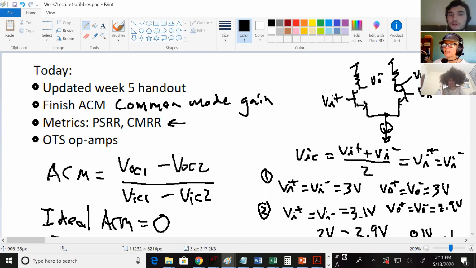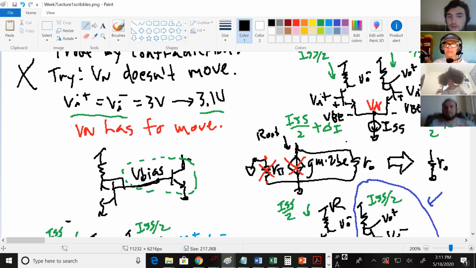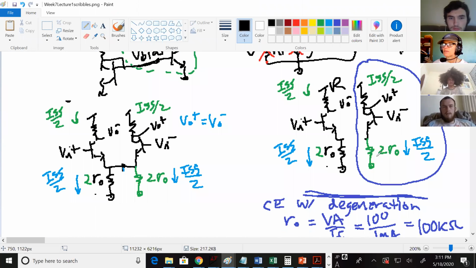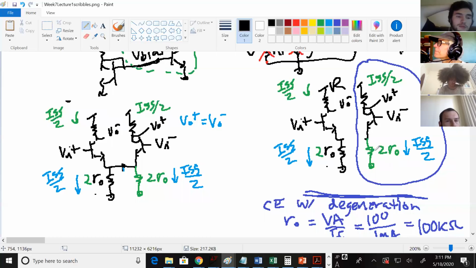So when you got down here and you did this and did the resistor down here instead of the current source. Okay. Sorry, we got up to gm over 1 plus 2 gm RO times RO in parallel with R. I think that's about the last note we took last time for this section.